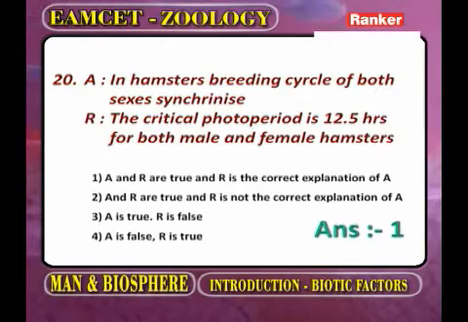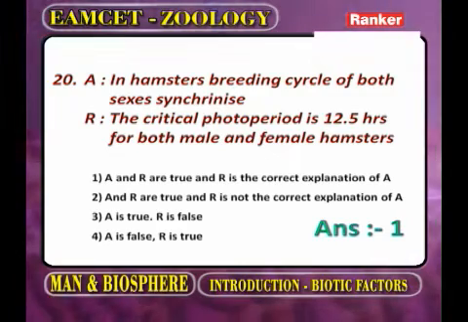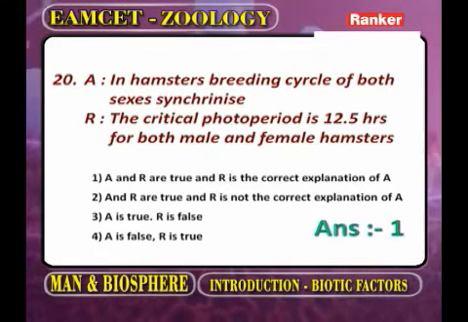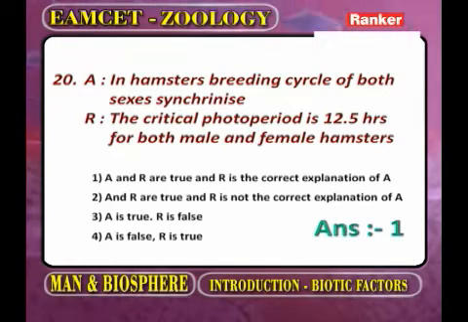Assertion: in hamsters, the breeding cycle of both the sexes synchronize. The critical photoperiod is 12.5 hours for both male and female hamsters. Now, as we observe the photoperiod, what is meant by photoperiod?